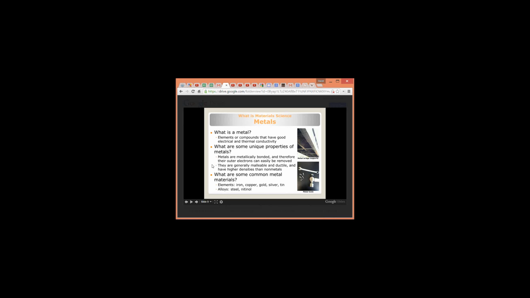The wires are in tension, so the metals are good at that. Common metals: iron, copper, gold, silver, tin. Some alloys. Alloys are just if you take some of the elements and mix them together, you get steel, nitinol. I've never heard of that one.